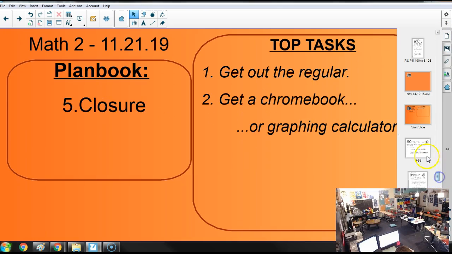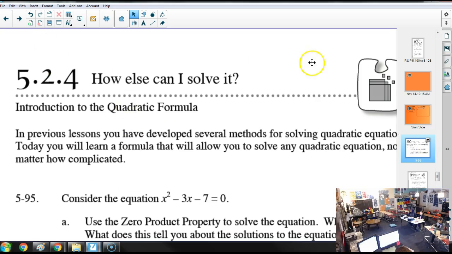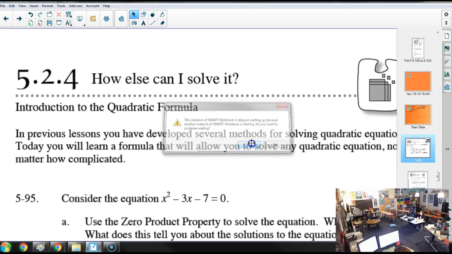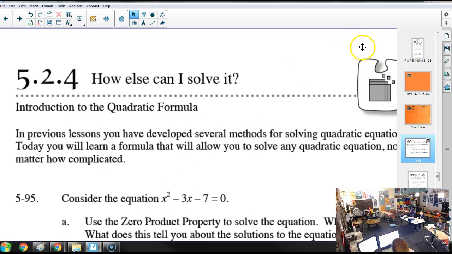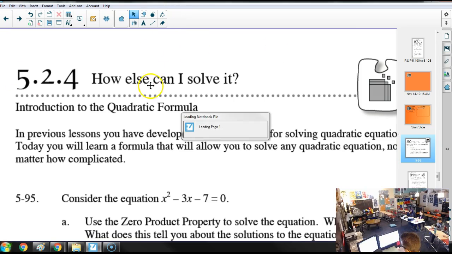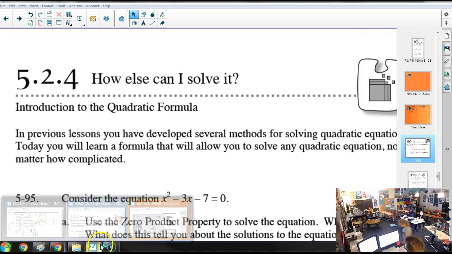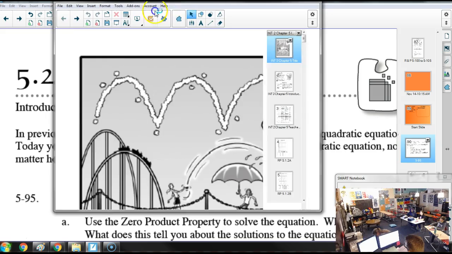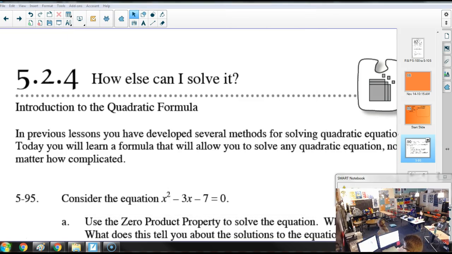So we're doing 5.2.5. I accidentally copied the wrong section over, so you need to give me just a moment to get the right slides. Is the homework still 112 to 123? Yeah, pick 6. Alright, my apologies.